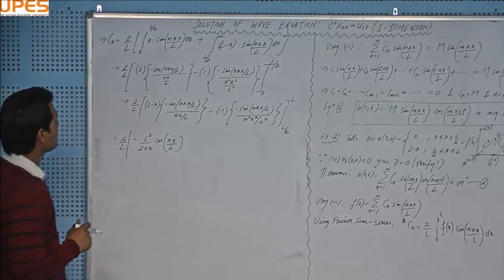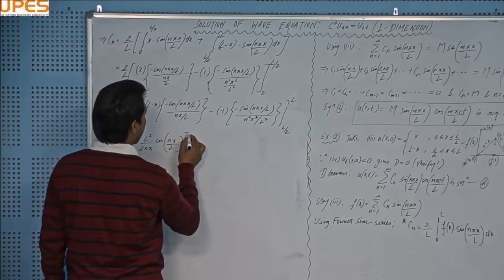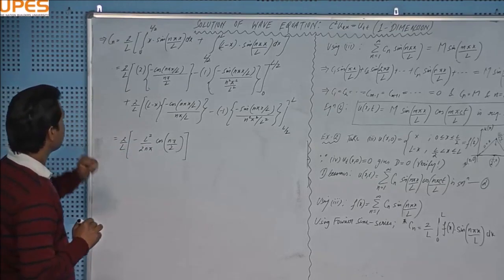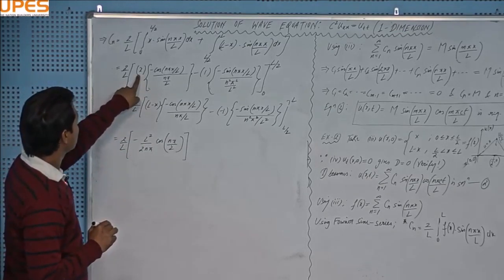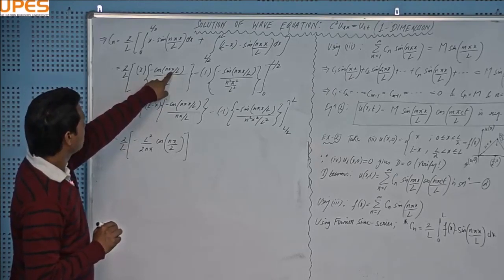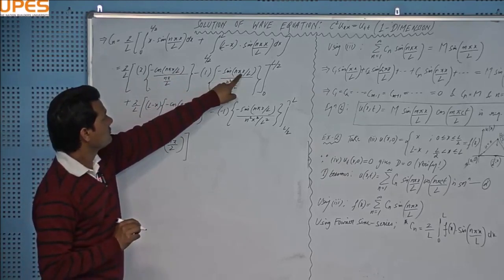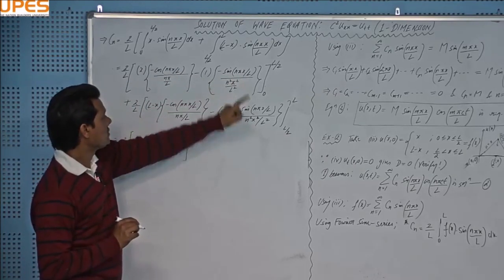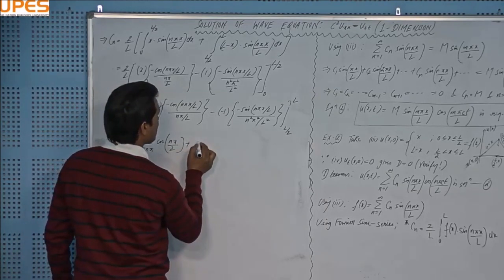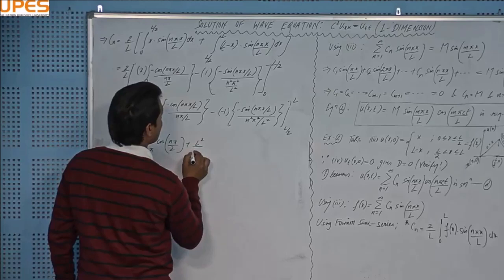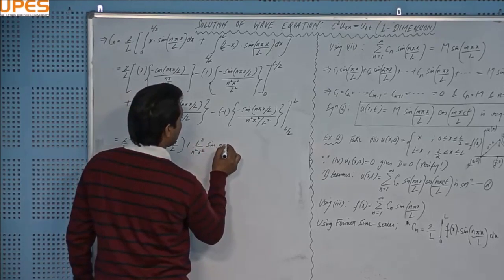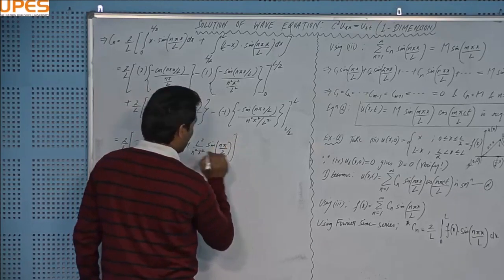And similarly for this bracket, this one, again this is not 0, sin n pi by 2 plus L square over n square pi square sin n pi by 2. Now it is correct.